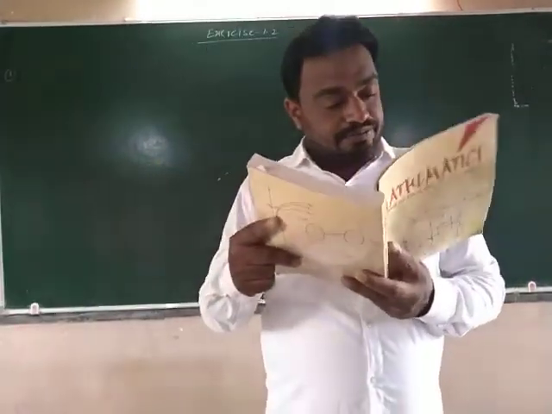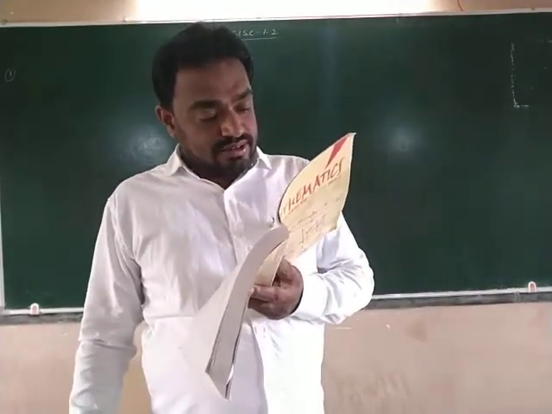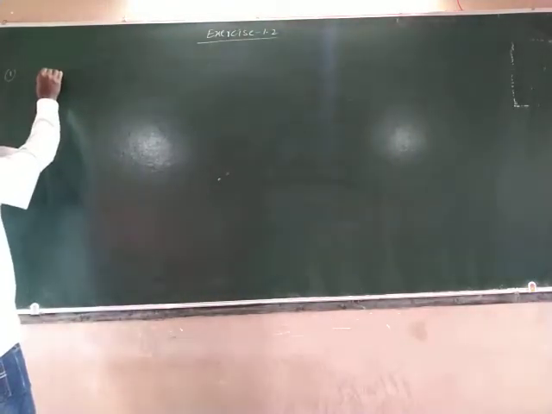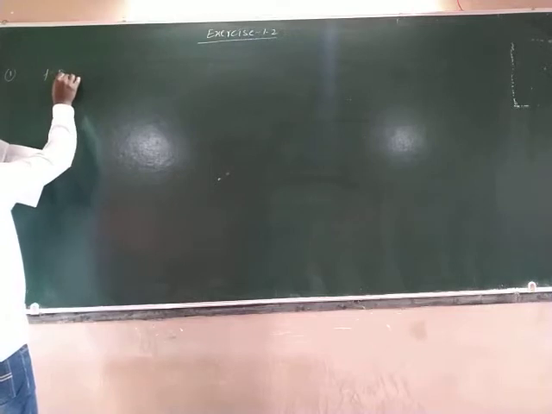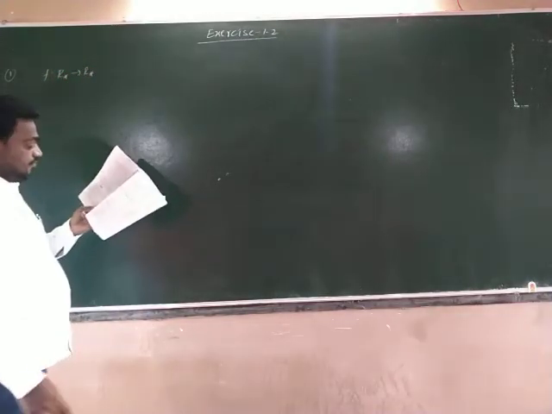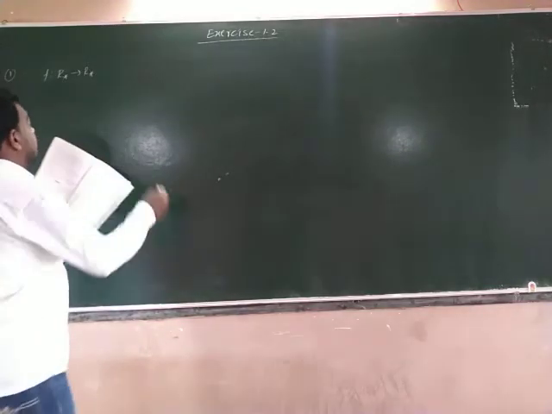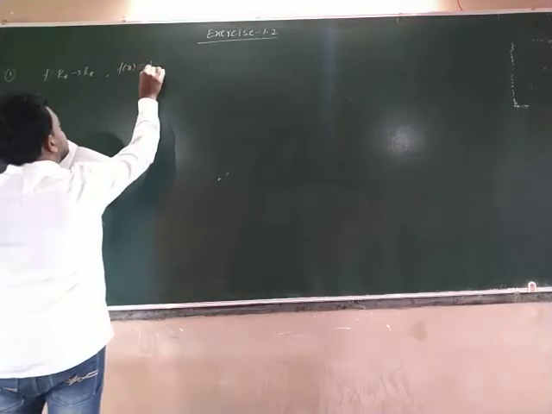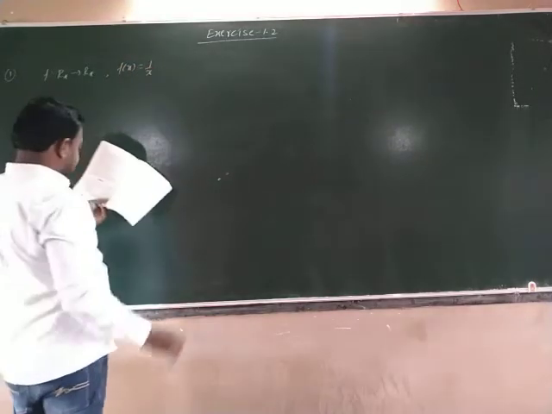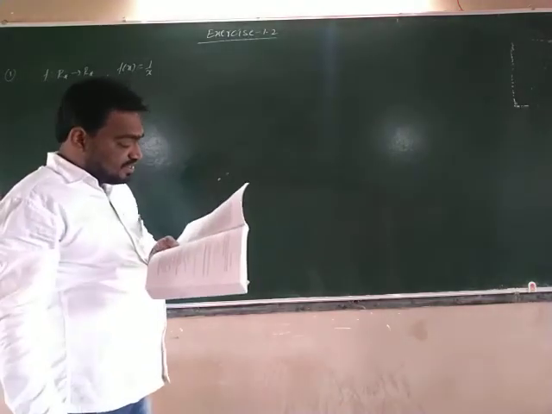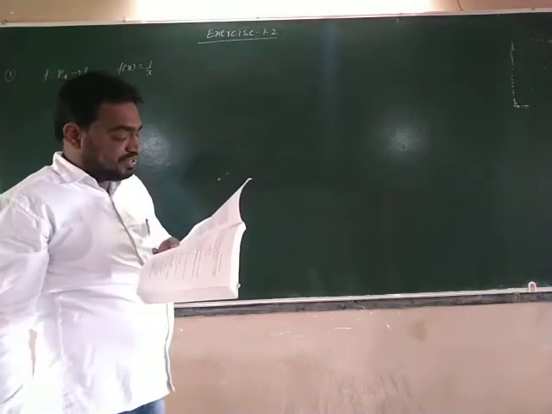Question number 1. Show that the function f from R star to R star, defined by f of x equals 1 by x, is one-one and onto, where R star is the set of all non-zero real numbers.